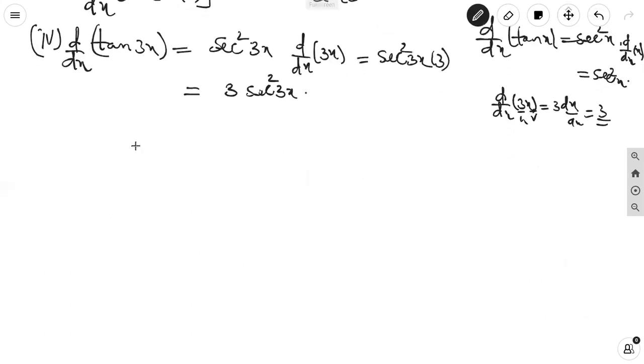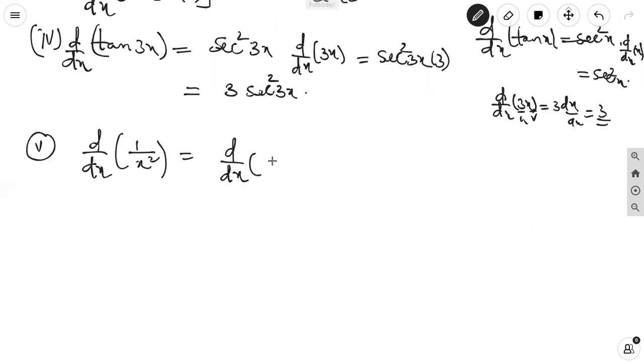Fifth one, d by dx of 1 by x square. If such types of functions are there, we simply take the denominator to the numerator, and it reduces to a negative power. It is equal to d by dx of x power minus 2.